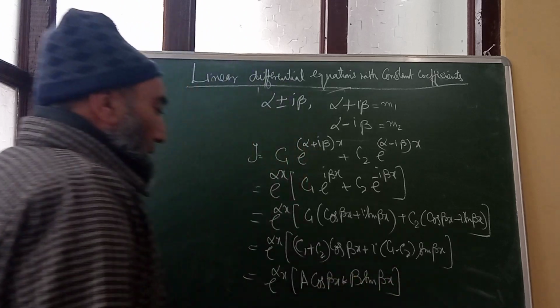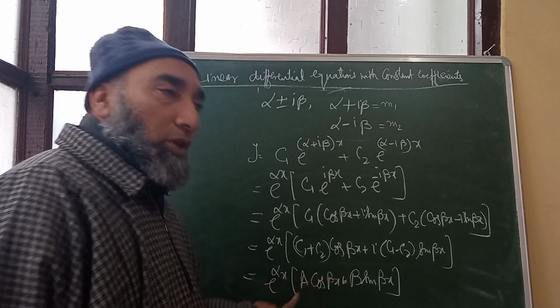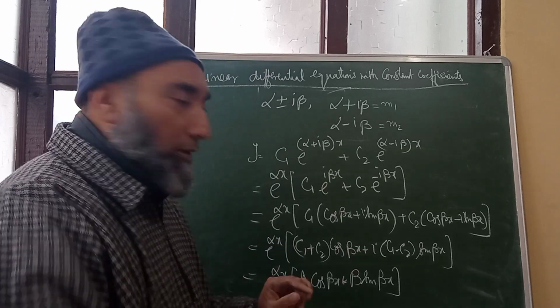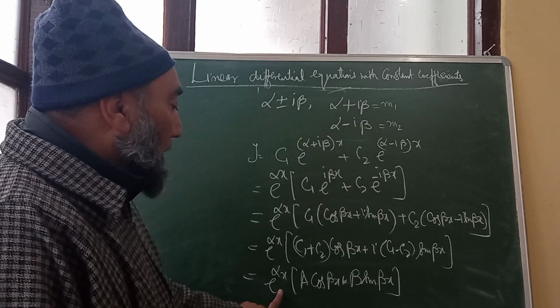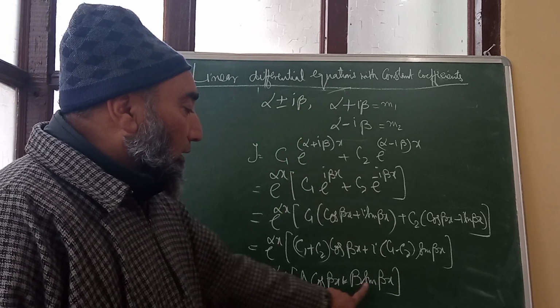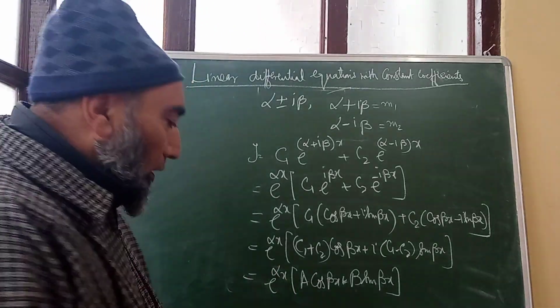Fine? This is what I had written in case 3. The constants will be different, c1, c2, c3, c4, but if the roots are alpha plus i beta, the solution will be e to the power alpha x, constant cos beta x, constant sin beta x. Fine? This covers all three cases.